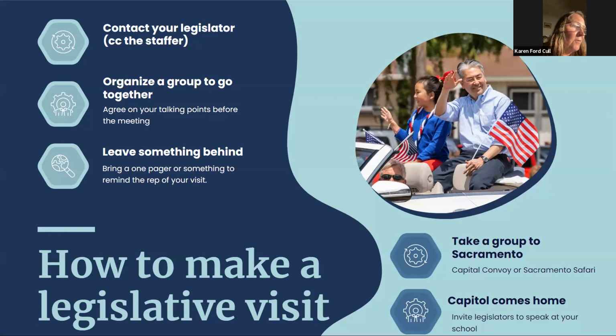Or you can organize a group to go together, which is quite good, and agree on your talking points before the meeting and what you're going to talk about. But remember, if you're coming in and saying, we're here from Seaside PTA or whatever it is, you have to stick to the things that PTA is authorized to talk about.